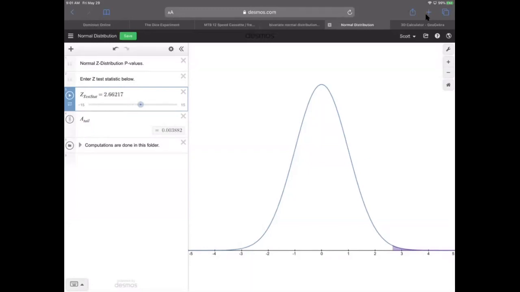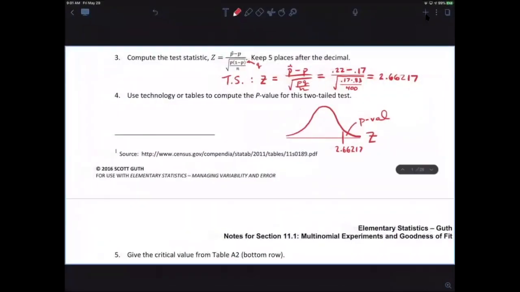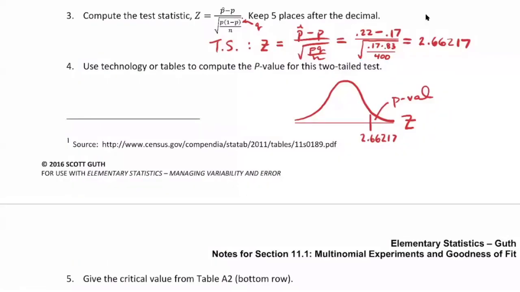And I think we can say 0.003882 for the area of the tail. You guys see that? I'll just say 0.00388. Okay, any questions? Oops, screen's frozen, hang on. There we go.